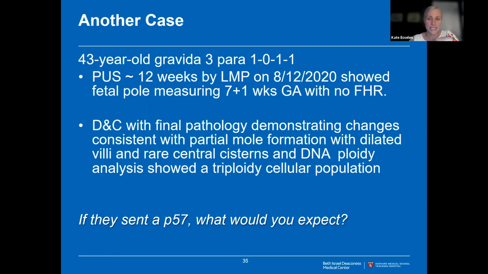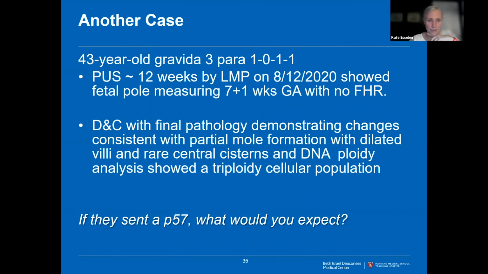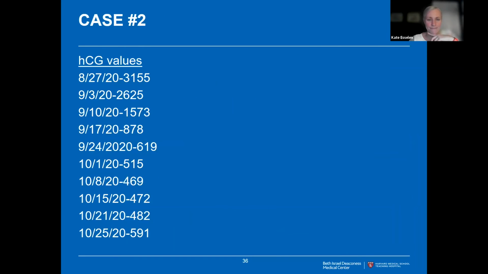So she had her D&C, and then her HCGs were trended. After her D&C, they started declining, and you can see they went down from a peak of almost 3,100 to the mid 400s.